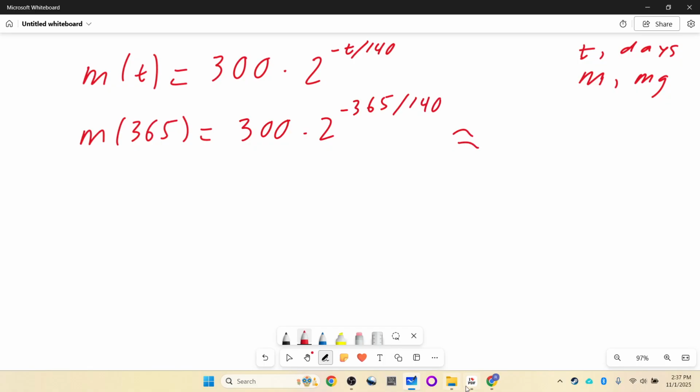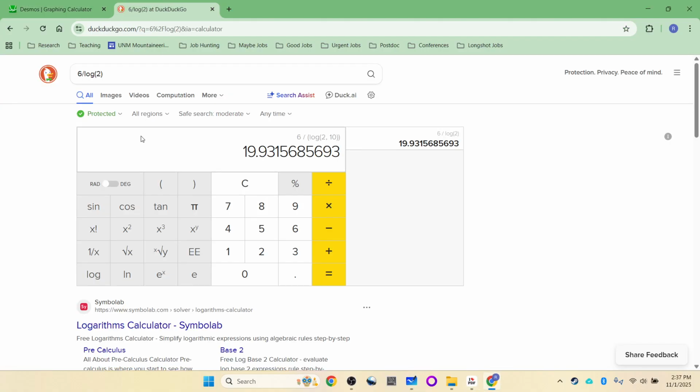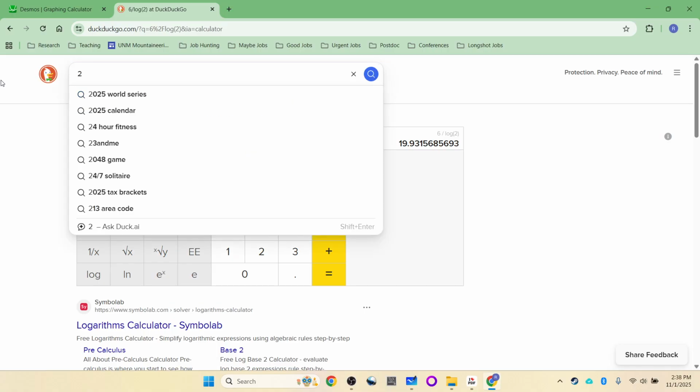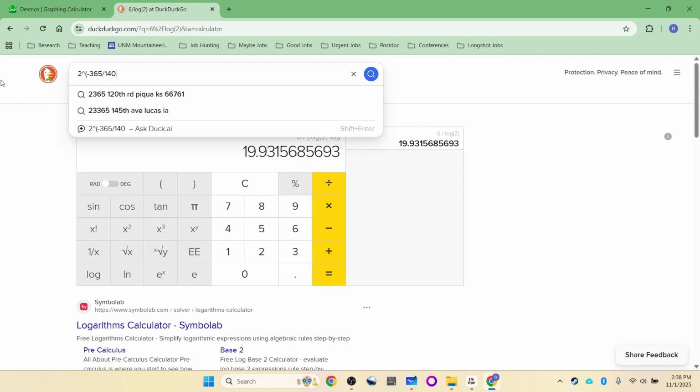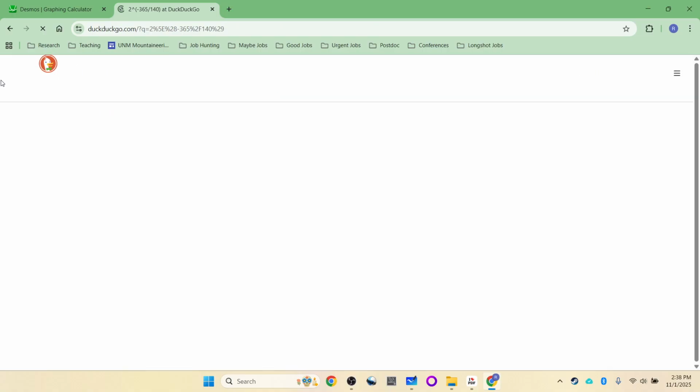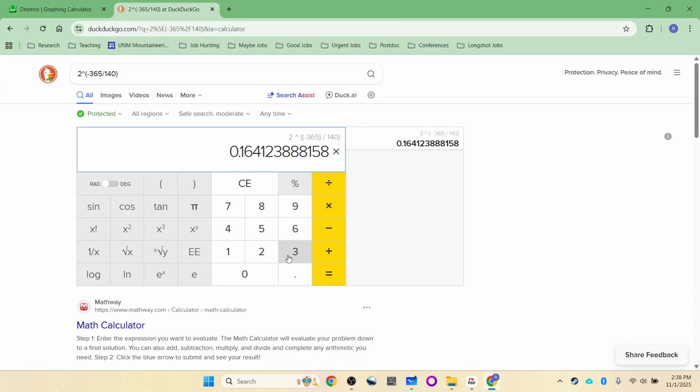So let's go ahead and type that in. Two to the parentheses negative 365 over 140, and then times 300. 49.2.